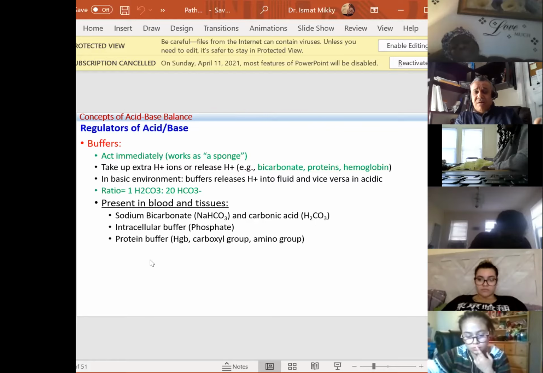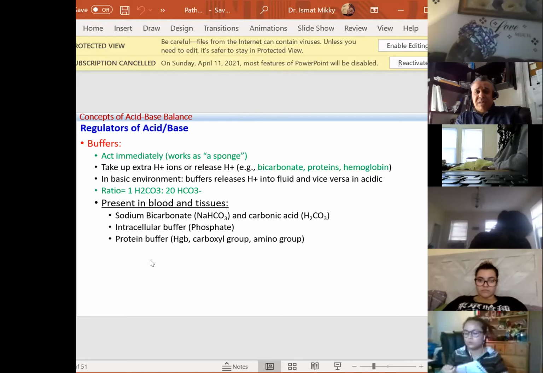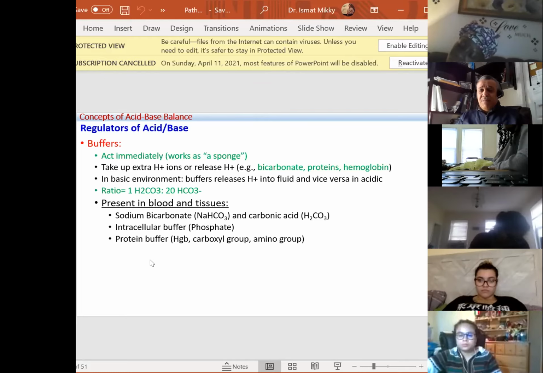The buffer can also correct alkaloses. If you drop the sponge in an alkalotic or basic medium, it releases some of the hydrogen ions it holds into the medium, and that corrects the alkalosis. So the buffers can fix both acidic and alkaline media.